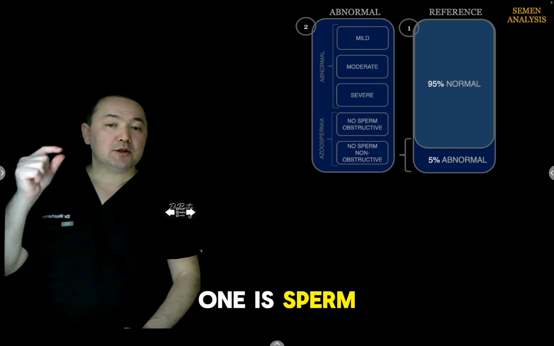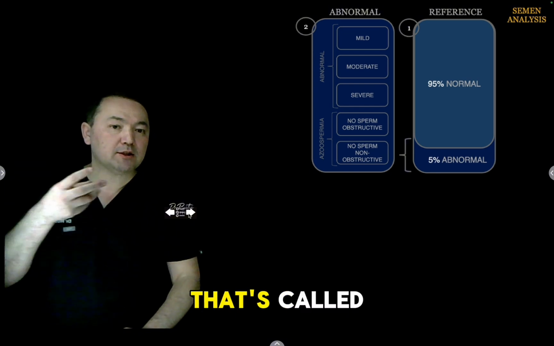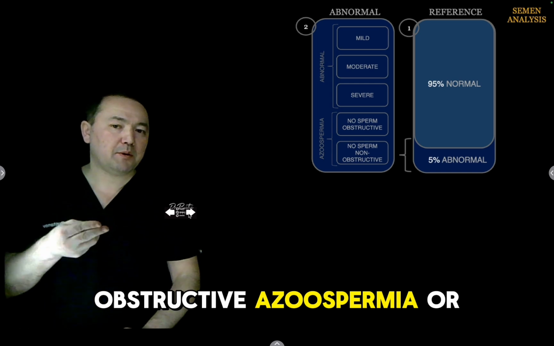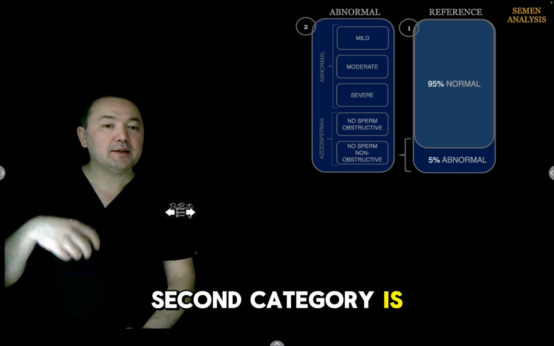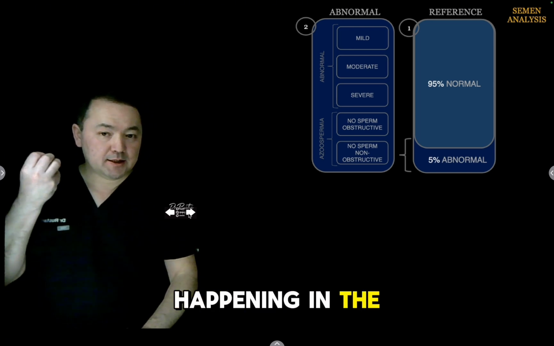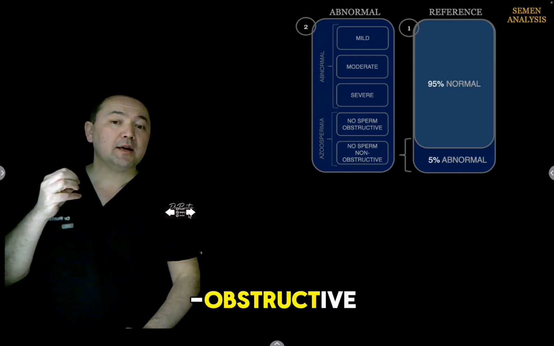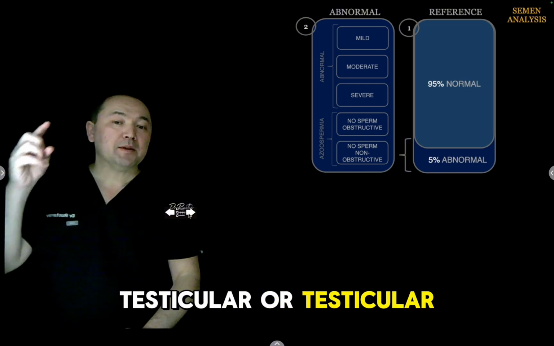One is sperm actually being produced in the testes, but it's not coming out in the ejaculate. That's called obstructive azoospermia or post-testicular azoospermia. The second category is there's no sperm in the ejaculate, and actually the production is not happening in the testes. That is non-obstructive, also called pretesticular or testicular.